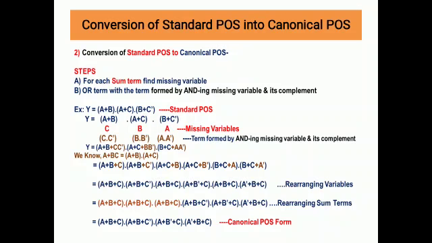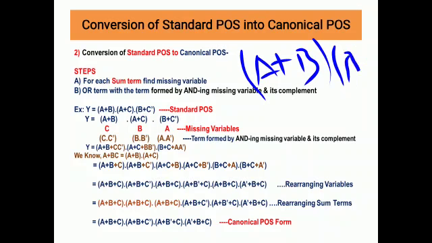So POS means there are some terms like A plus B in one bracket, in another bracket B plus C, and so on. These are called sum terms, and these terms are ANDed with each other. So this is called standard POS form.